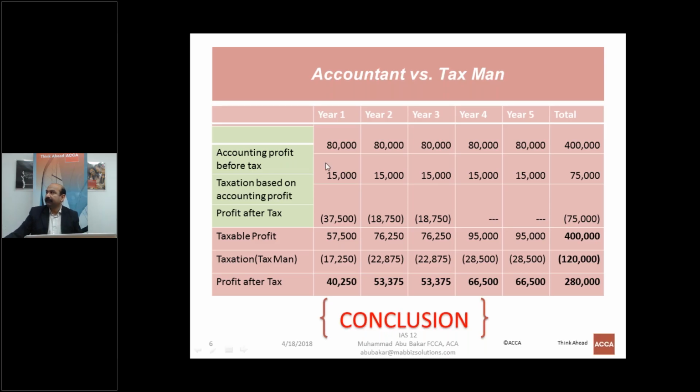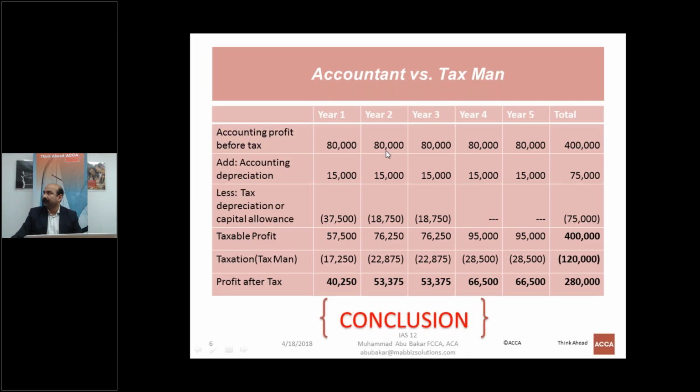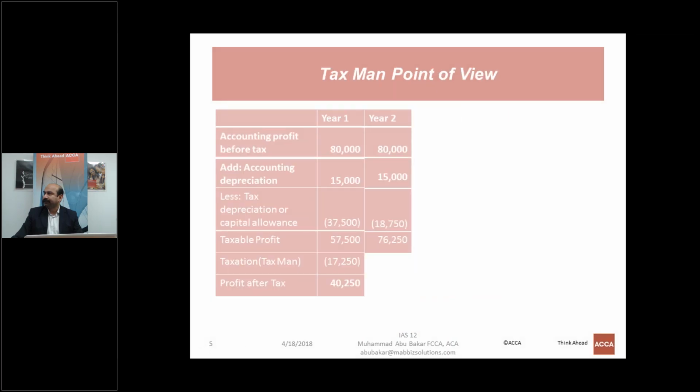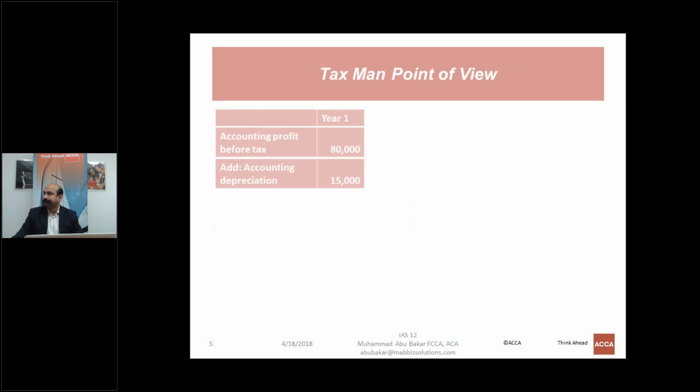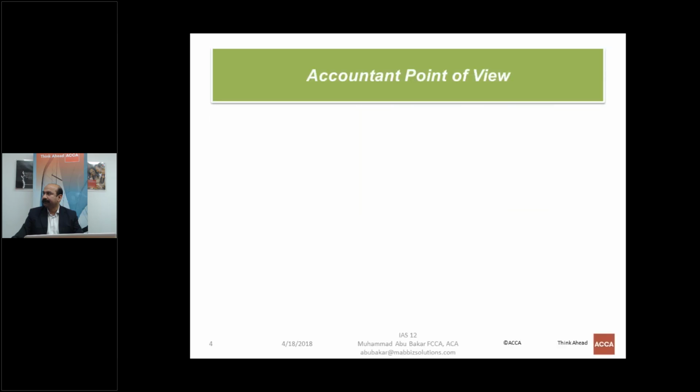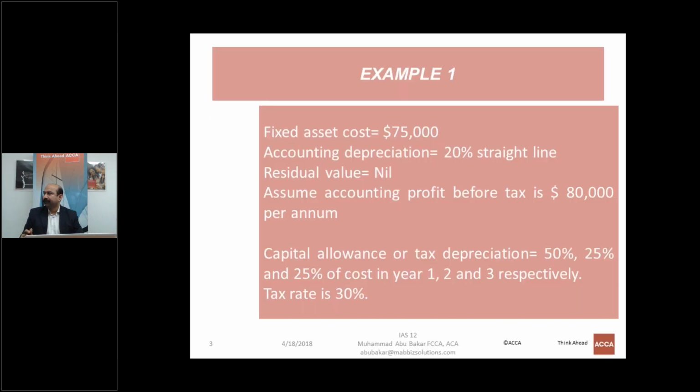Madhya, this is basically what we saw at the start of our discussion. This asset is being depreciated at 20% straight line. So 80,000 is the cost of the asset and residual value is nil.